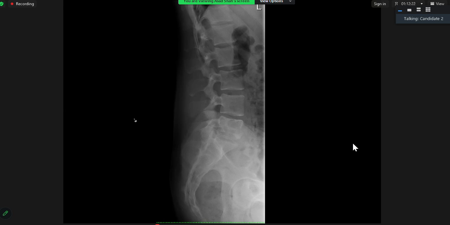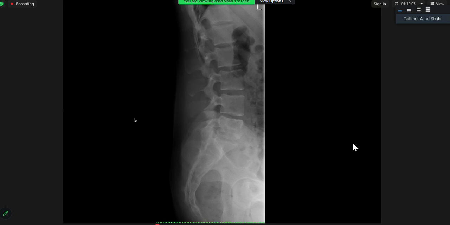This is extending and involving the pedicle of the same vertebra. I will confirm it on the MRI. I will suggest MRI of this patient to further delineate the abnormality.